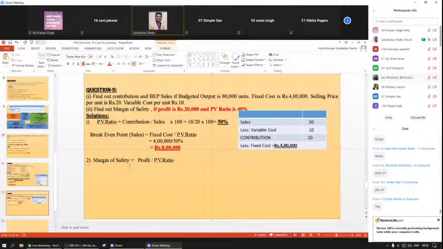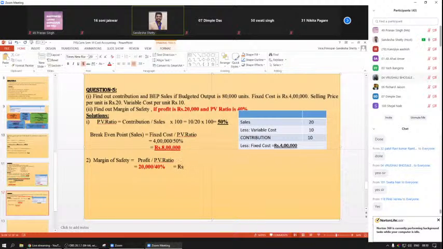Please remember the profit and PV ratio both are given. That profit is 20,000 and PV ratio is 40%. 20,000 and 40%.